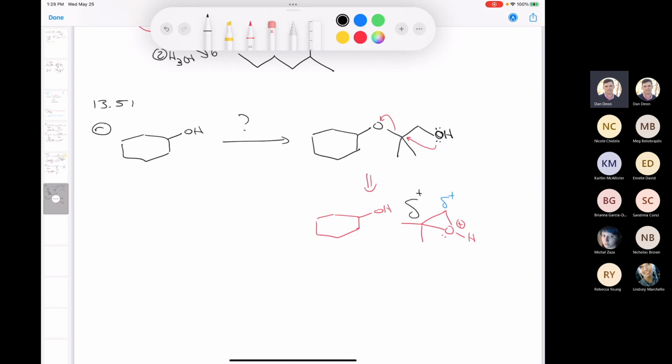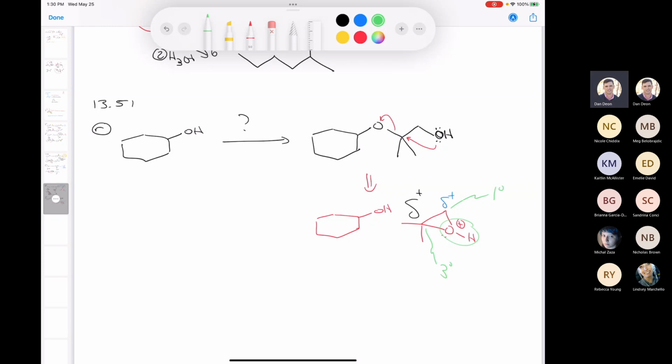This is where the nucleophilic attack would occur, right? Because we have a primary carbon, and then we have a tertiary. And we know that if we use acid catalyzed ring opening, the nucleophile is going to attack preferentially at the tertiary position. And so that would be the type of reaction conditions that we would have to use.